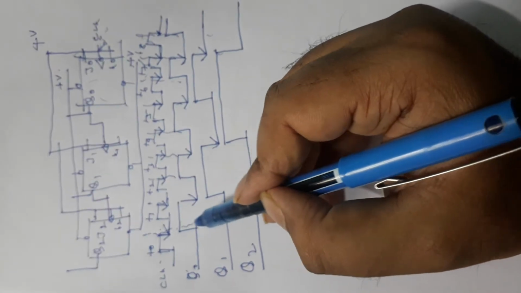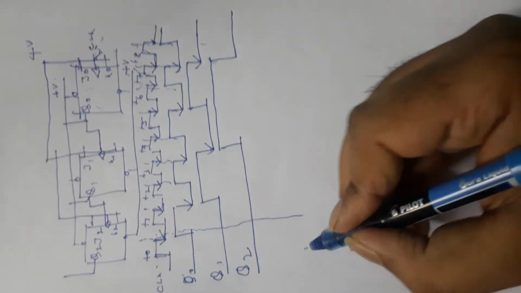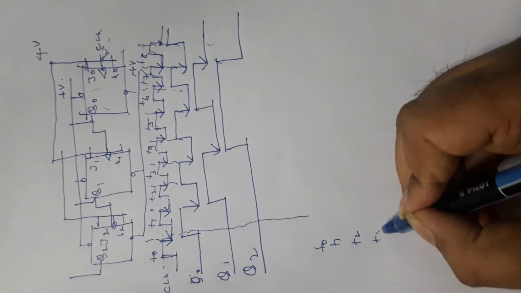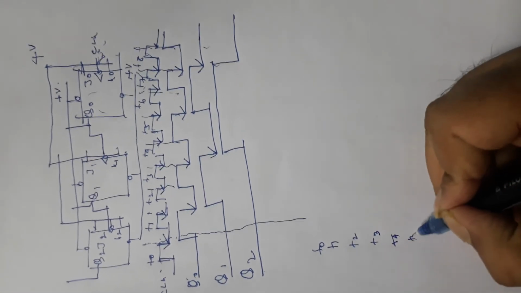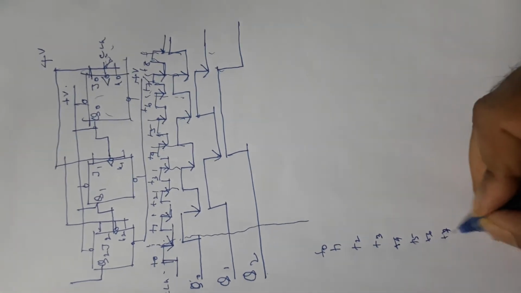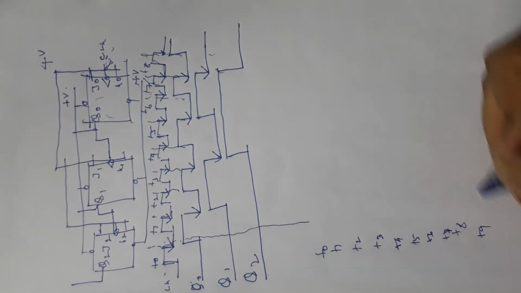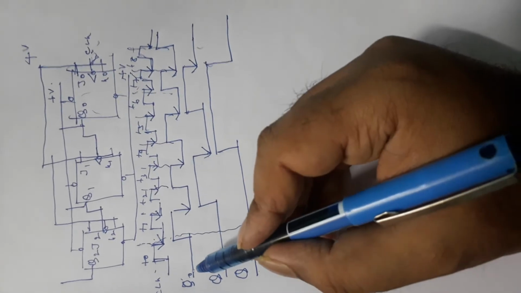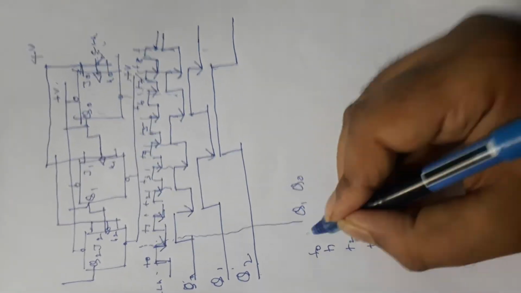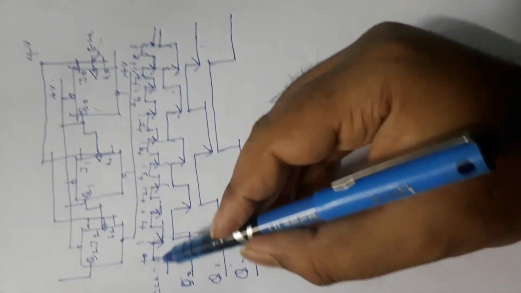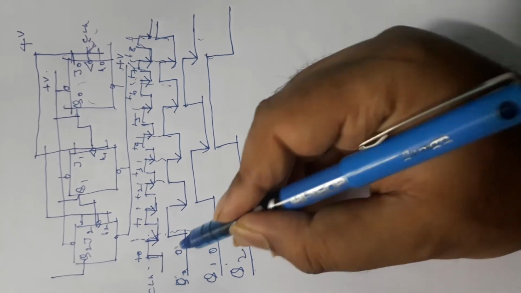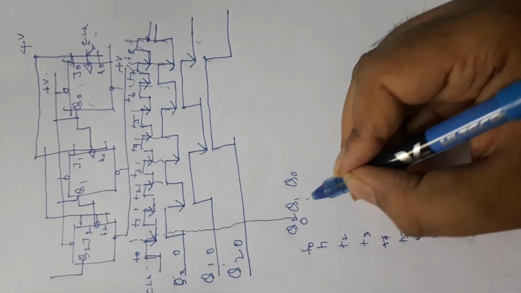So now let us see the counting sequence. This is T0, T1, T2, T3, T4, T5, T6, T7, T8, T9. And what are the outputs? Q0, Q1, Q2. In the T0 state, all the three are low, so we are getting 0, 0, 0.